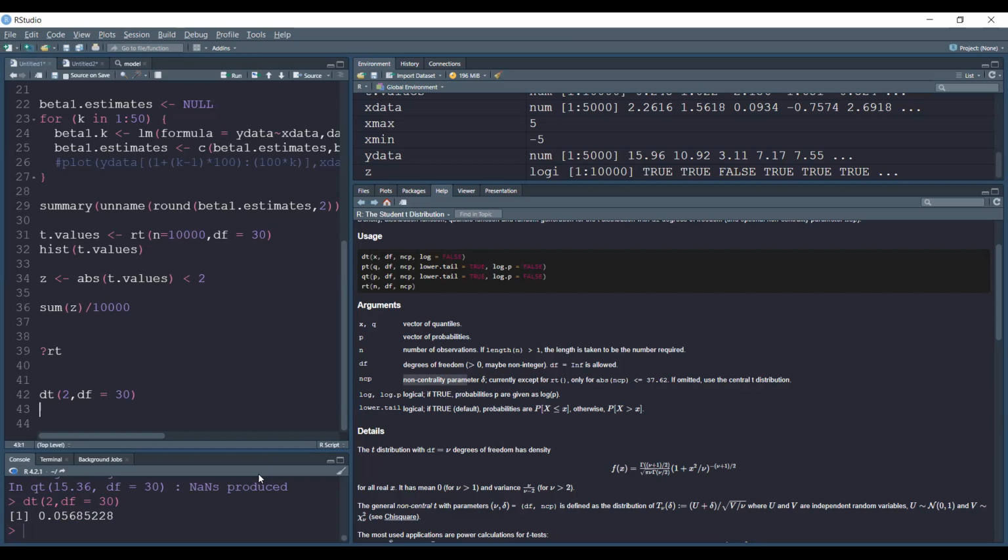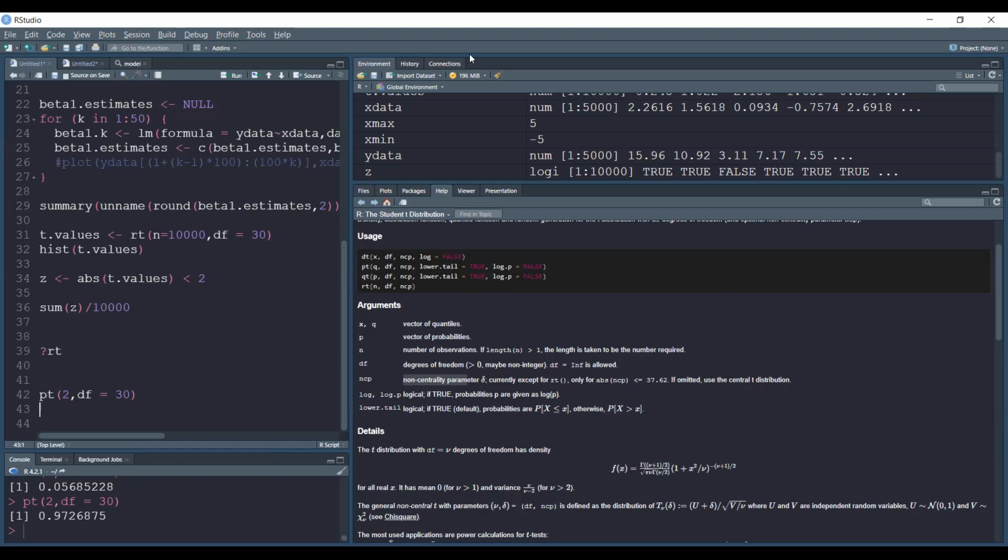No, not quite right. Let's try P. Okay, so I think it's P. What P is doing is asking, what is the probability of getting a 2? It's the cumulative, the CDF, the cumulative distribution function.